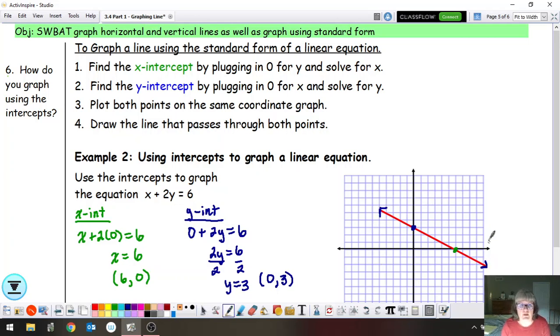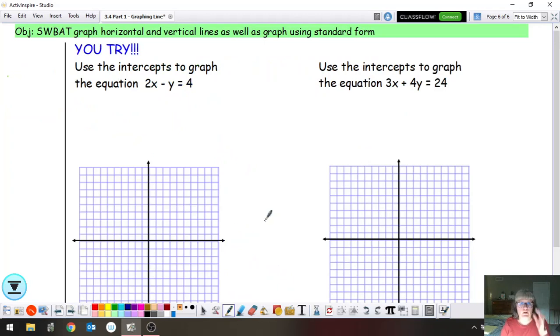And there we have our line. So to find the x-intercept, plug 0 in for y and solve for x. To find the y-intercept, plug 0 in for x and solve for y. So here's your turn. Find the x-intercept and the y-intercept for each equation, and on your paper, sketch a line.